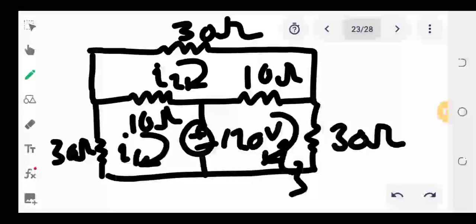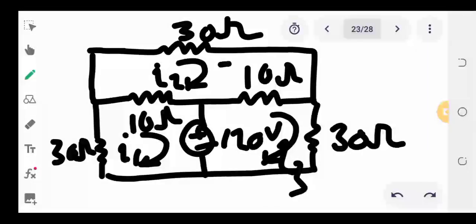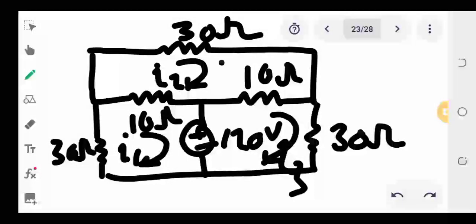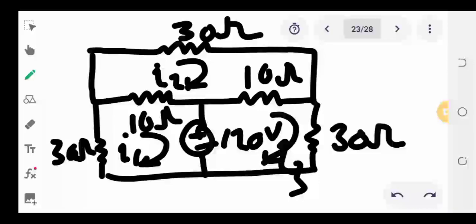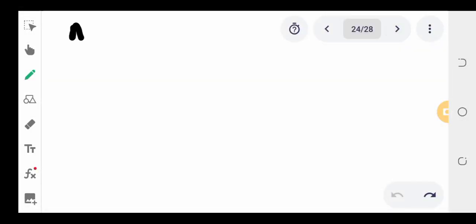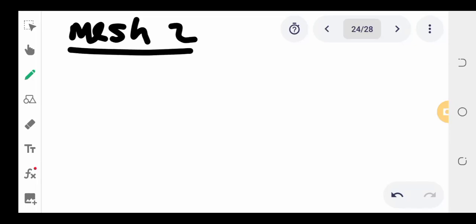Let us start with mesh 2. We'll start with this one. Mind you, mesh analysis is the modified KVL.